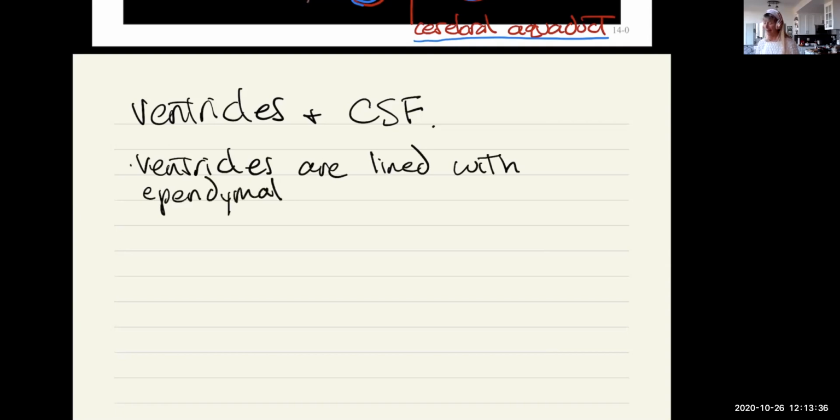We talked about that way back in nervous tissue, chapter 12, with ependymal cells. And the ventricles contain a choroid plexus.